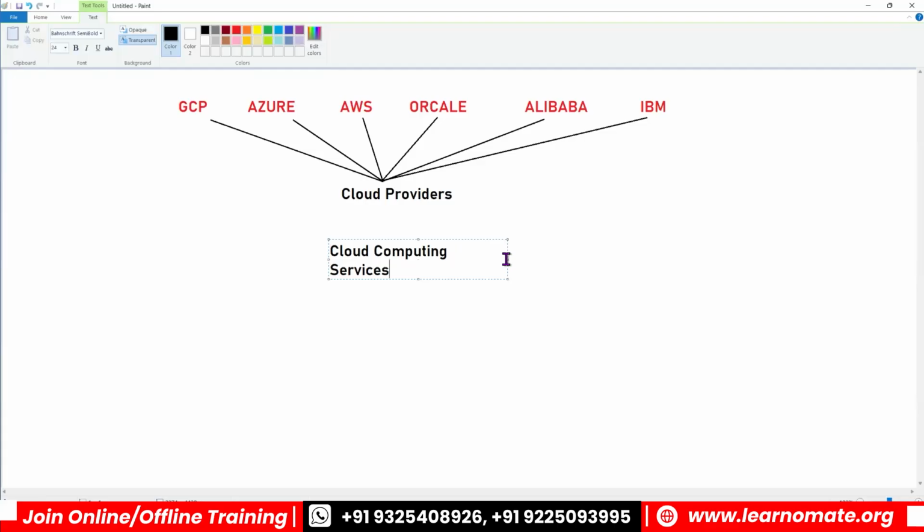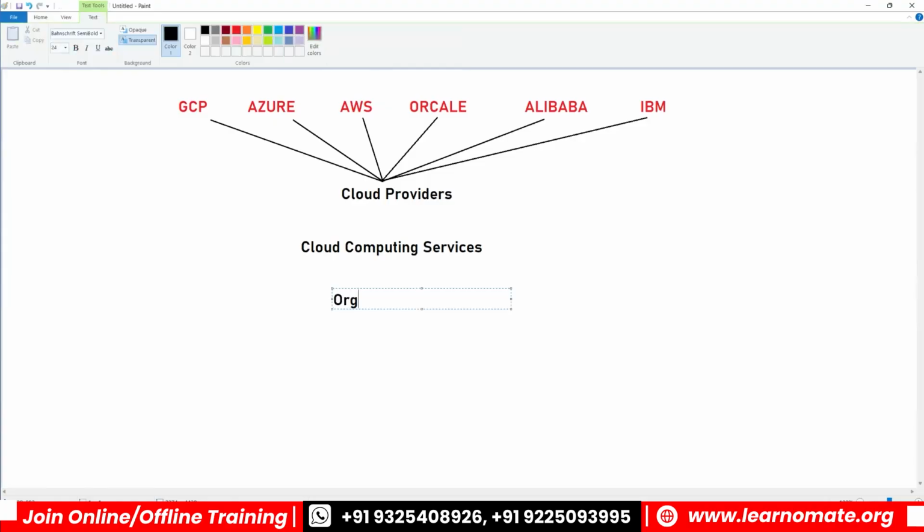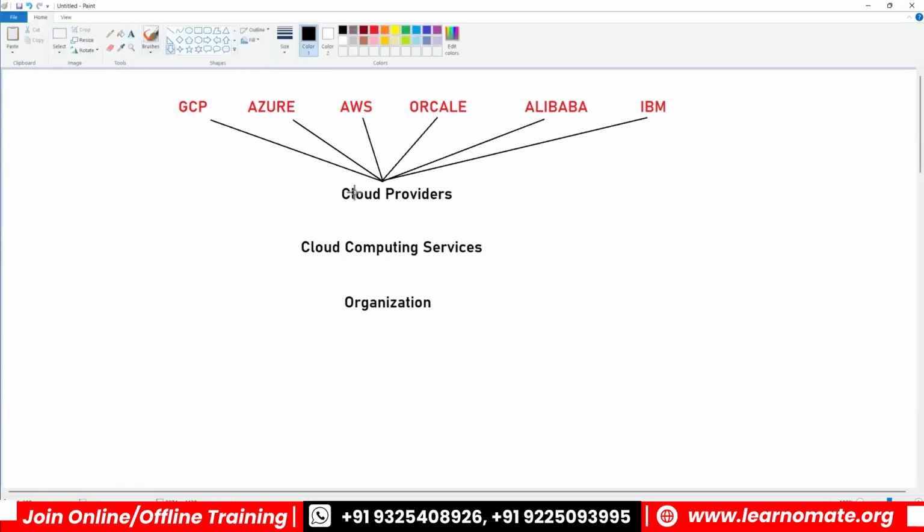To whom do they provide? The cloud computing services are provided to organizations. So cloud providers provide cloud computing services to organizations. This is what they do.